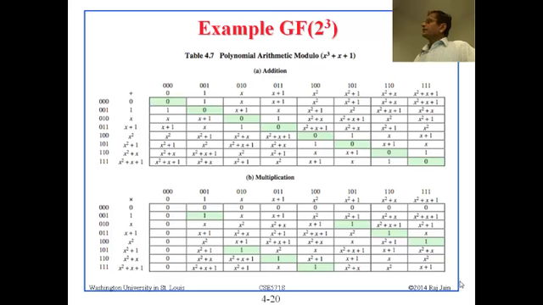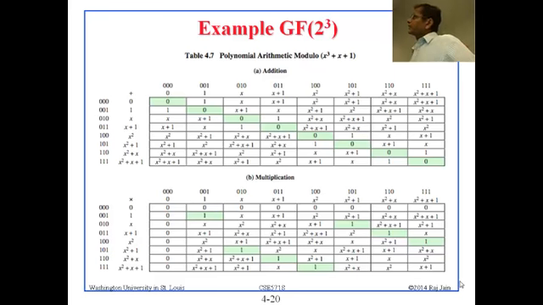Alright? Similarly, on this side, the same thing is repeated. Now, when you add these, you can add in the numeric space or in the polynomial space. With polynomial space, you get basically the answers, and that is the answer in Galois field 2 raised to 3 for addition.